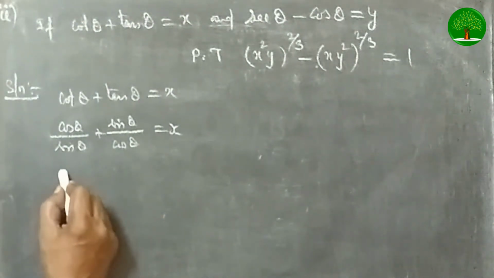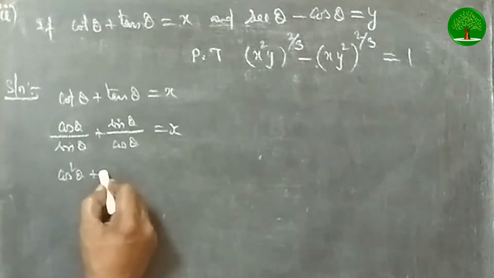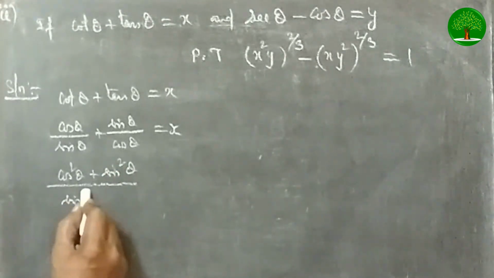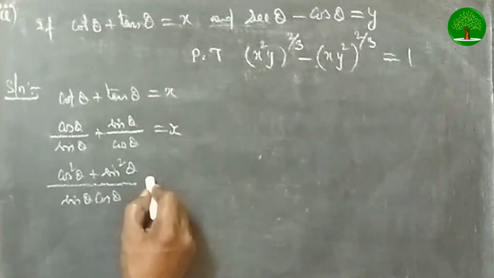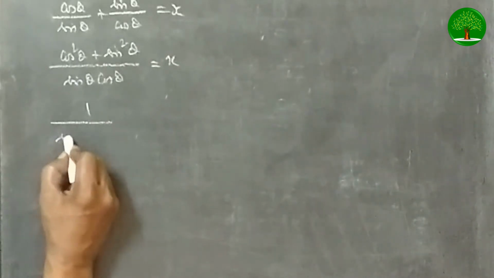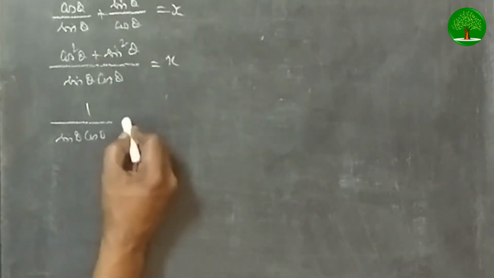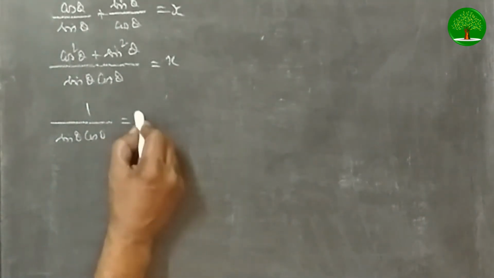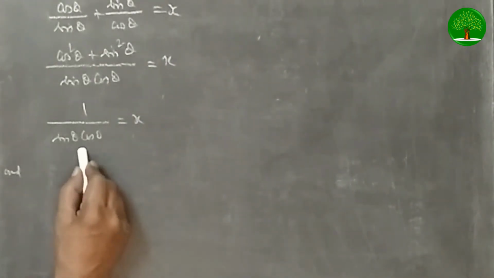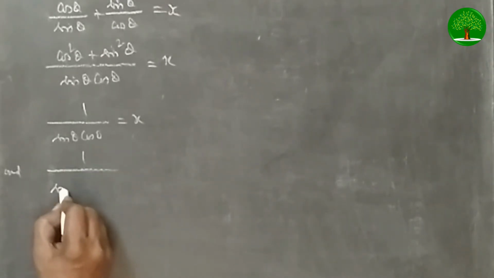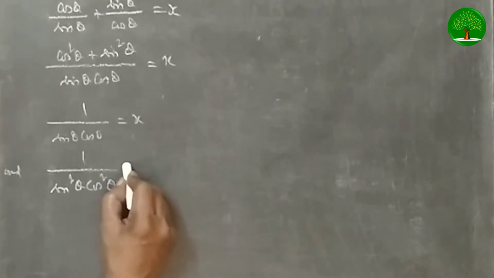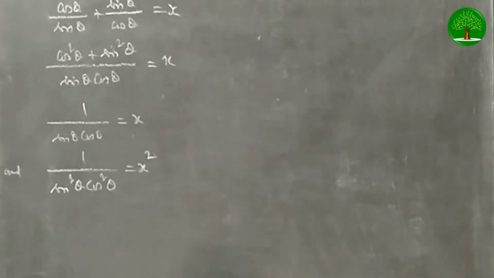This is cos square theta plus sin square theta by sin theta cos theta is equal to x, that is 1 by sin theta cos theta is equal to x, and 1 by sin square theta cos square theta is equal to x square.